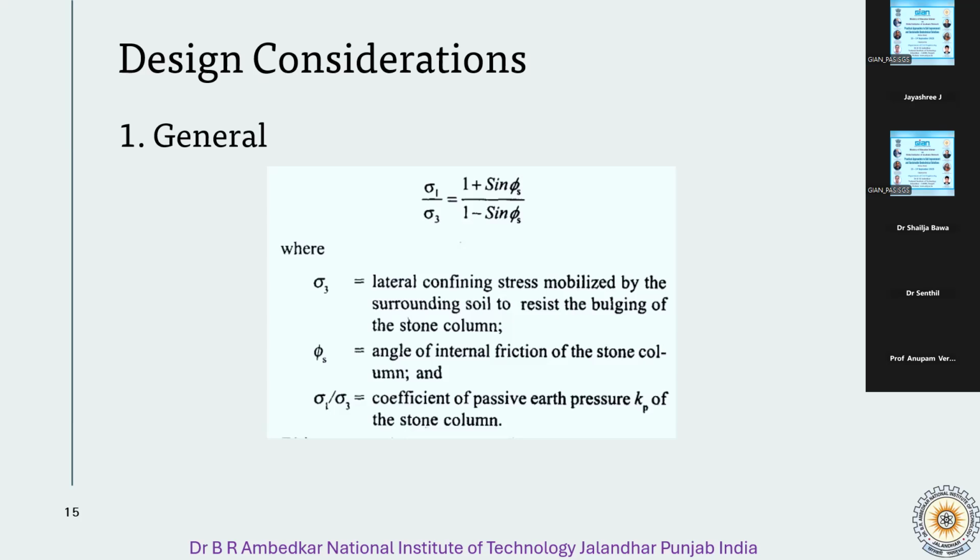At failure, the triaxial state of stress due to the stone column and the surrounding soil is considered. If sigma 1 is the ultimate vertical stress which the stone column can take, then we can use this equation where phi s is the angle of internal friction of the stone column, and sigma 1 by sigma 3 is the coefficient of passive earth pressure, Kp, of the stone column. Again, here we are assuming a plane strain loading condition.